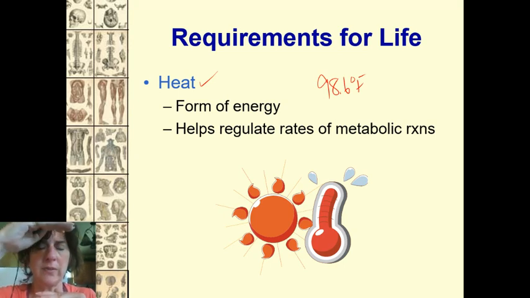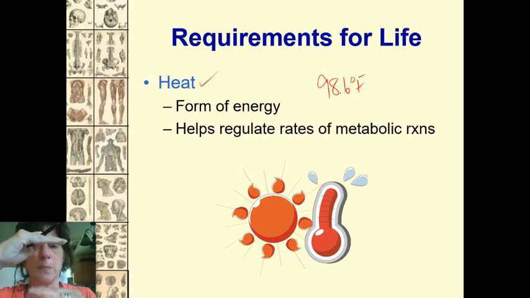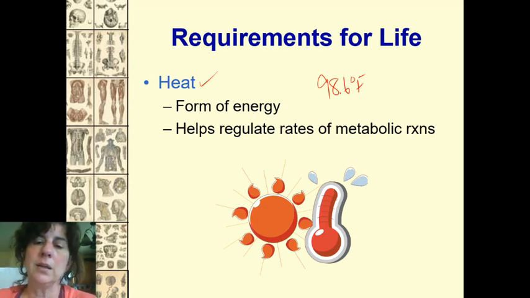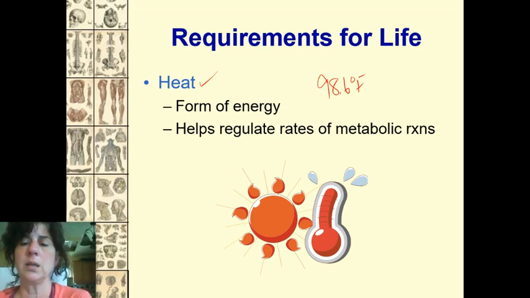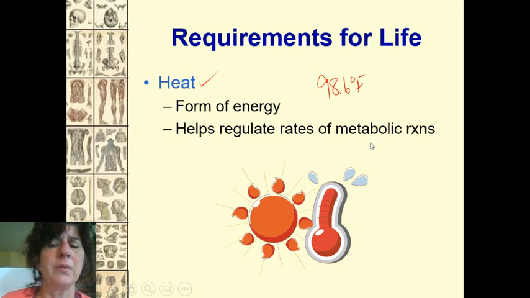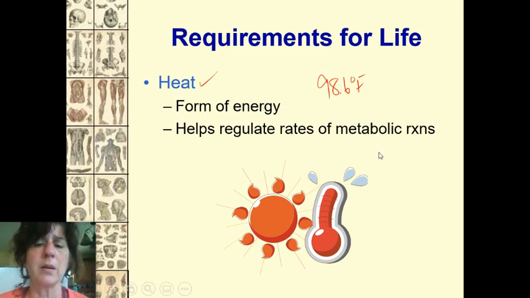But if it continues above that, you're sick. If it's below that, hypothermic, then again, it's going to indicate that there's something wrong that needs to be dealt with. But heat is necessary for the chemical reactions in your body, the metabolic reactions. We have to maintain that. We spend a lot of our food energy in trying to maintain that body temperature.